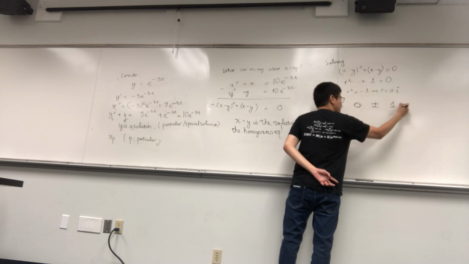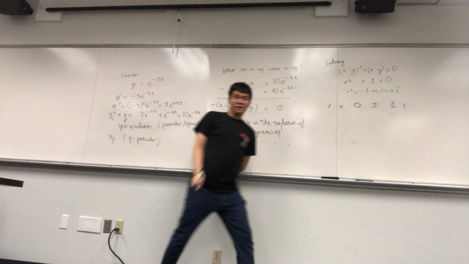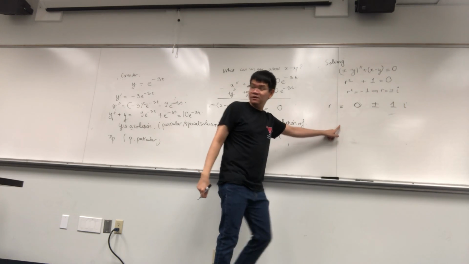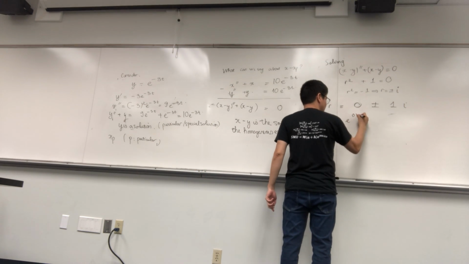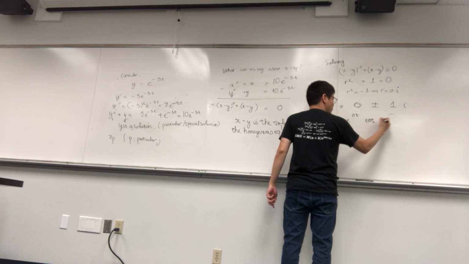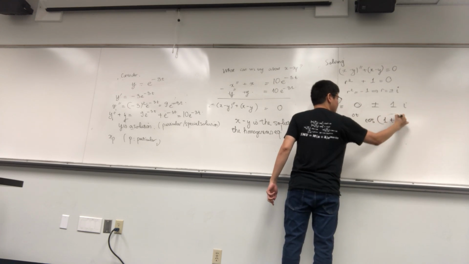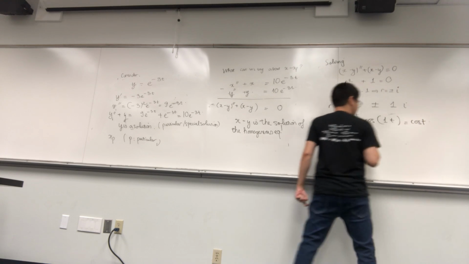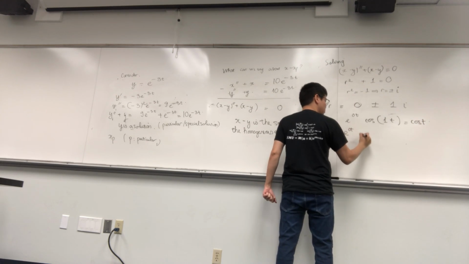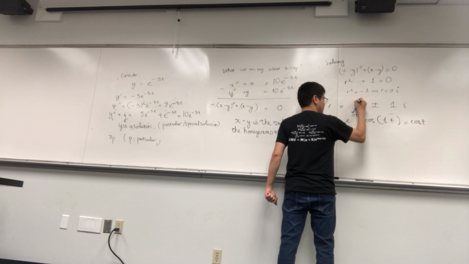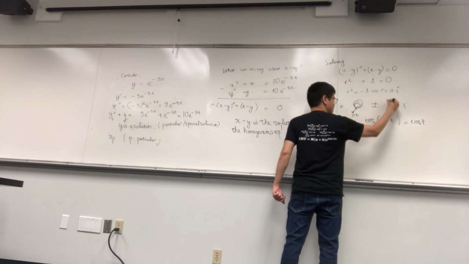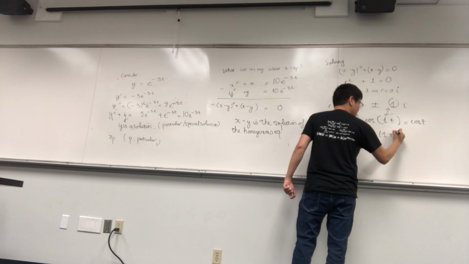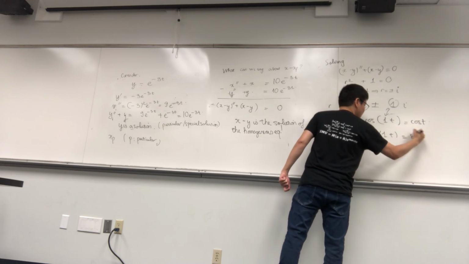Before you have 0 plus or minus 1. The 0 will go to the exponential part, right? So you have exponential of 0t, cosine of 1t. So the first solution will give you cosine of t, and the second one is sine of t.